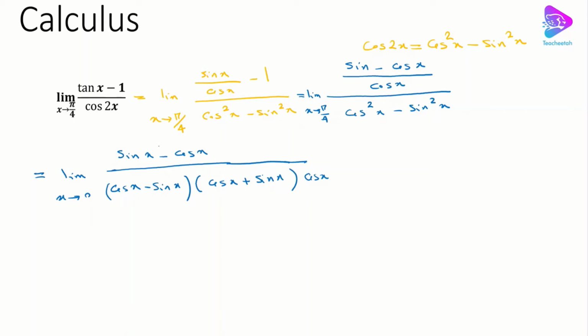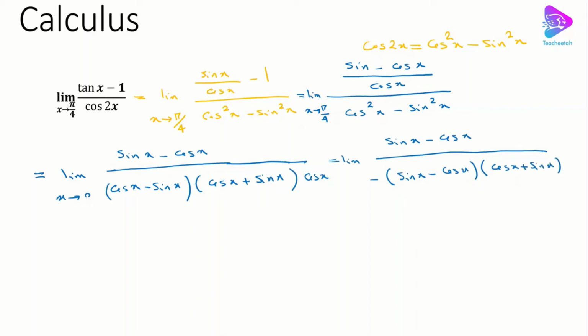In order to generate the same thing on the top and the bottom, I'm just going to multiply this with minus 1, and then it is going to be the limit of sine of x minus cos of x, and underneath we will have minus sine of x minus cos of x, and then cos of x plus sine of x, and the whole thing is going to be multiplied by cos of x on the bottom.